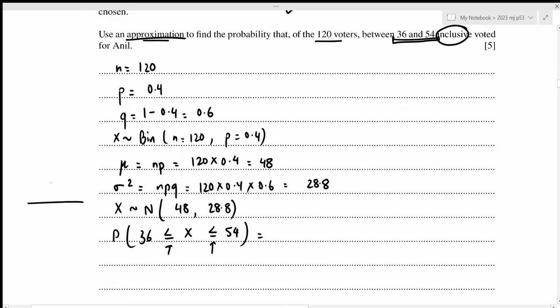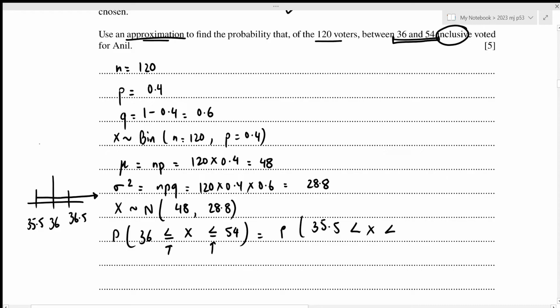Let us first do it for 36. So we have 36.5 and 35.5. Remember that we are looking for X greater than or equal to 36, which means that it will also include 36 itself, right? So we have to start from 35.5. So probability of 35.5 is less than X is less than.